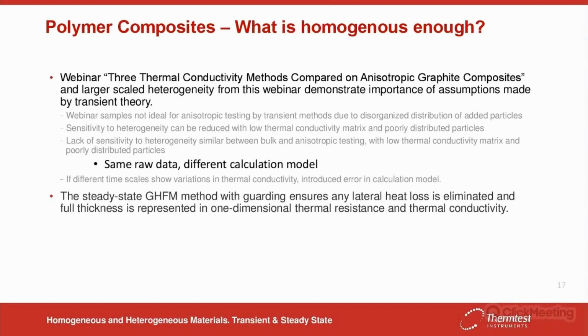So this webinar demonstrates that, as we expected, these samples are not ideal for anisotropic testing by transient methods due to the disorganization of the distribution of added particles or components. Sensitivity to heterogeneity can be reduced with a low conductivity matrix and poorly dispersed particles.